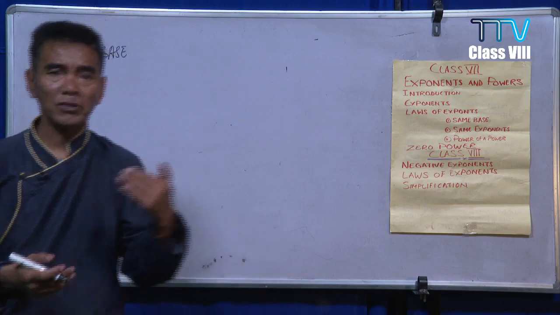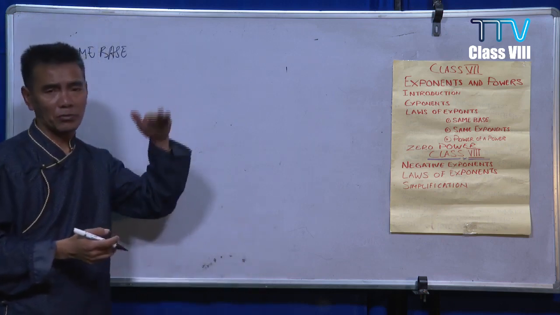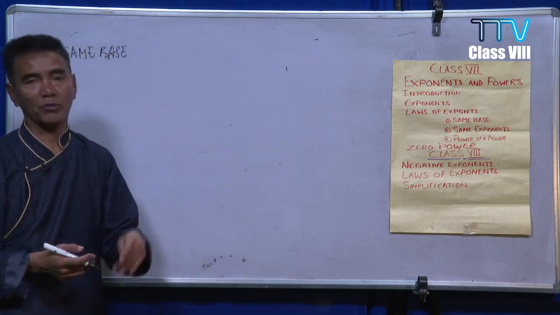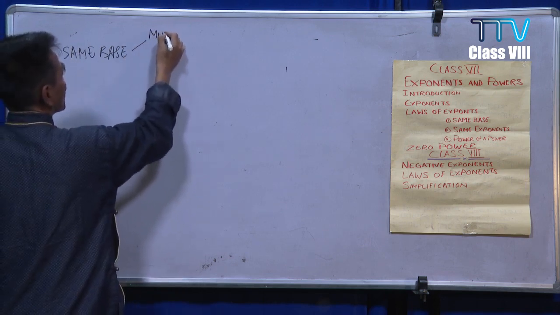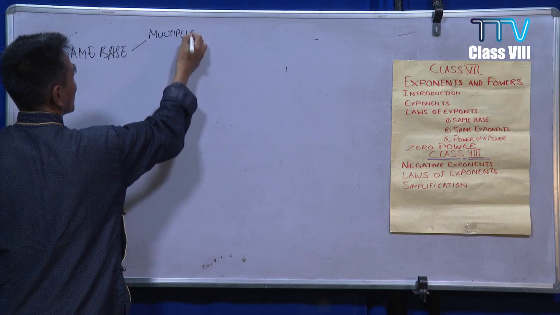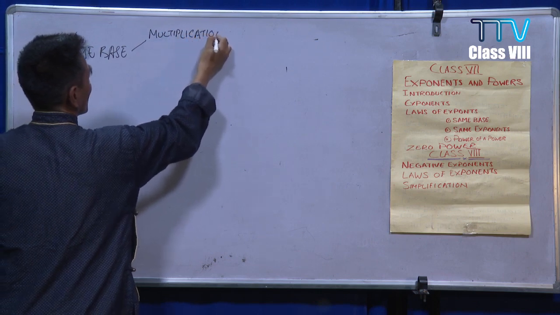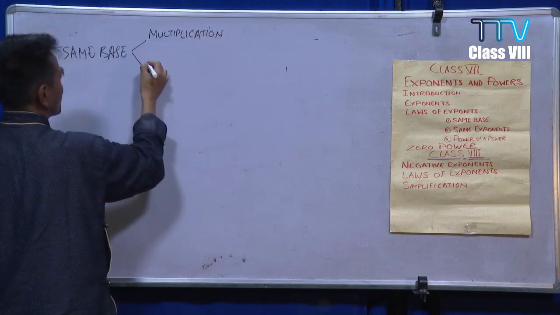Division is the inverse of multiplication. Multiplication also has division as its opposite, inverse.